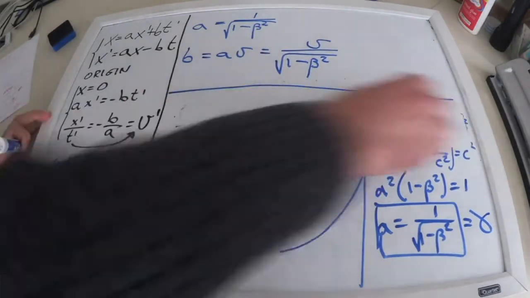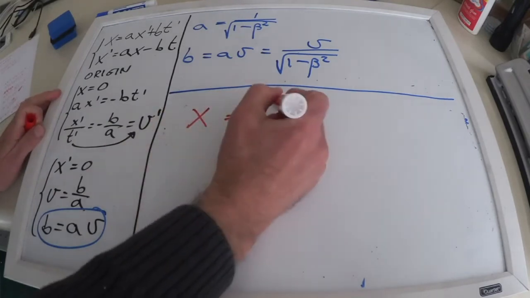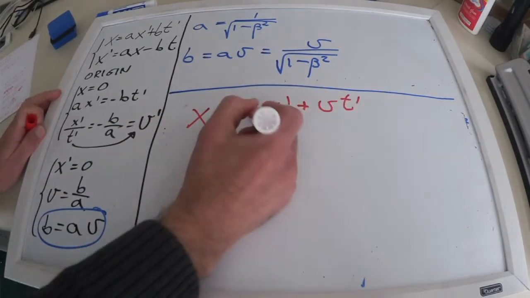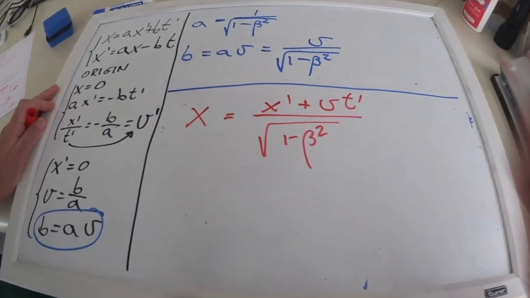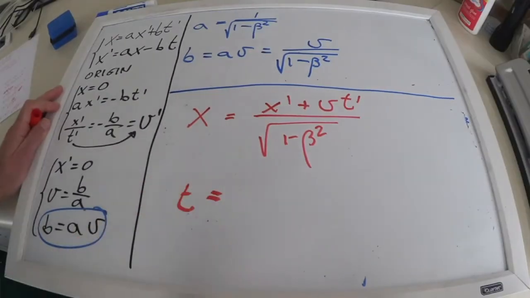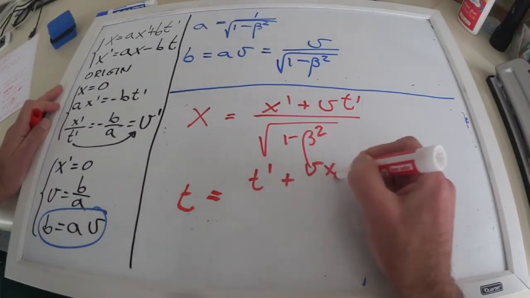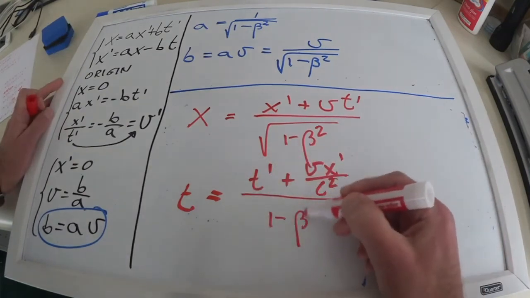So I have already found the transformation equation for x. x is equal to x prime plus vt prime over the square root of 1 minus beta squared. I left for you the exercise to find the transformation equation for t, which is t is equal to t prime plus vx prime over c squared, over the square root of 1 minus beta squared.